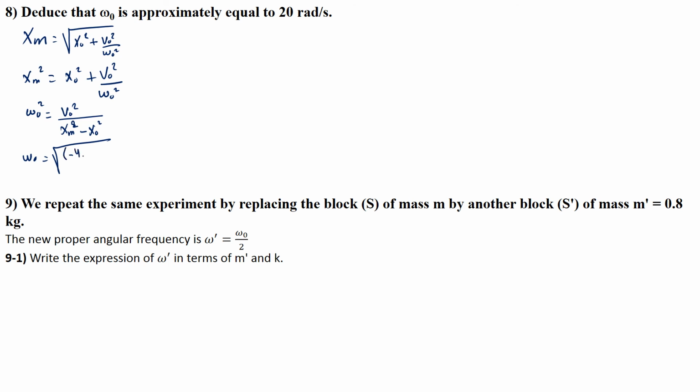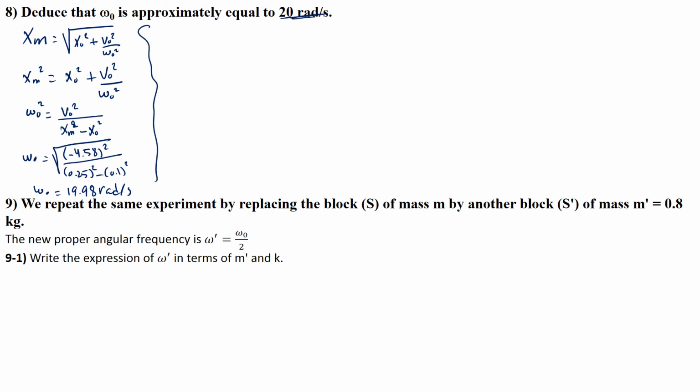Negative 4.58 squared over xm, which was 0.25 squared, minus x0, which is 0.1 squared. Then omega 0 is equal to 19.98 radians per second, which is approximately equal to 20 radians per second. This is the first method.